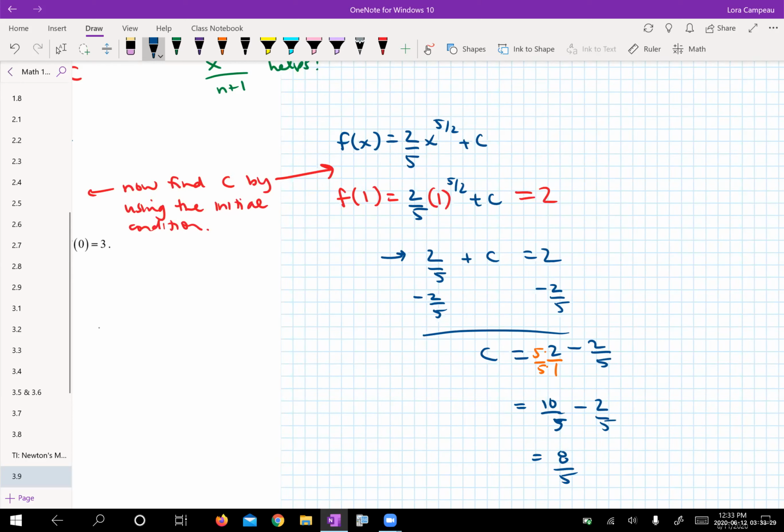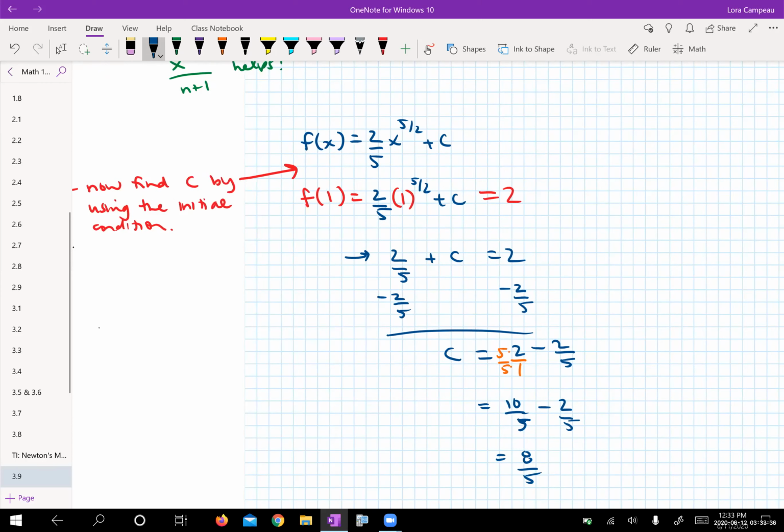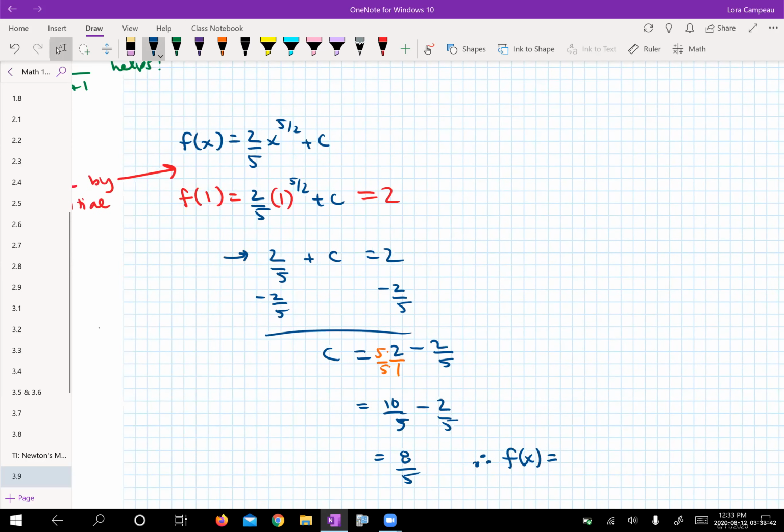So therefore, if you want to find your final function, final answer, my original function before I took the derivative was 2/5 x to the 5/2 plus the c, now we can replace with 8/5. And that is an initial value problem.